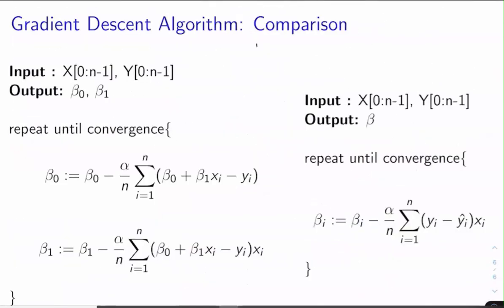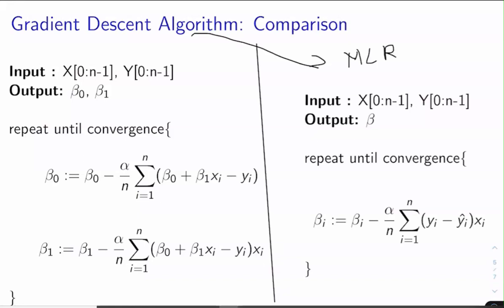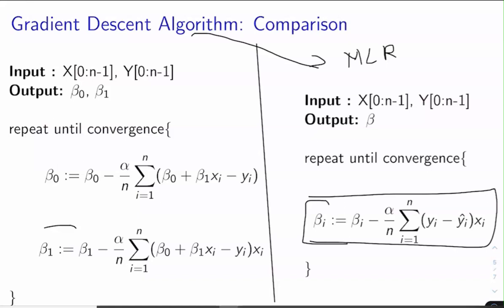Now this is the comparison between the two different algorithms side by side. In the modified gradient descent algorithm for multiple linear regression, there is only one term that has been modified with xi.